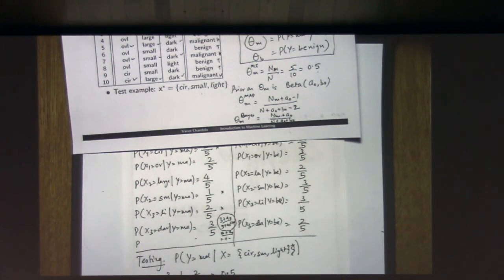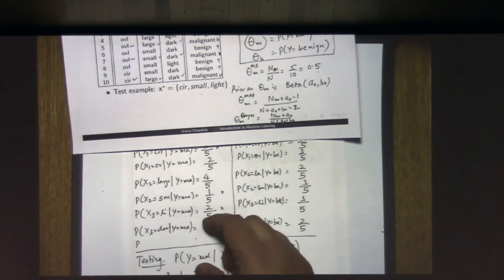That's not how it will happen. You will decide beforehand, do I want to use the MLE or do I want to use the MAP or Bayesian average? So do I want to use a prior or not? That's the choice that you will make early on. If you do not make the choice, then you would run into these kinds of issues.